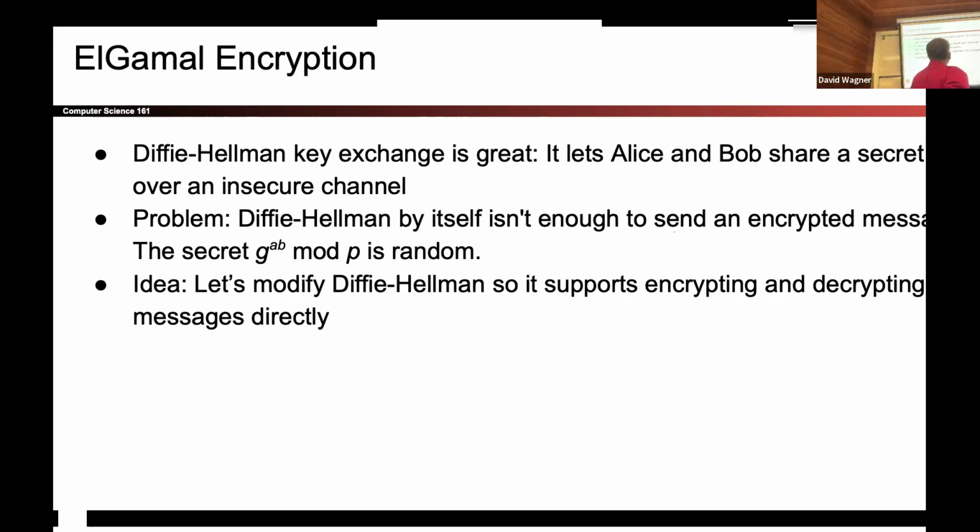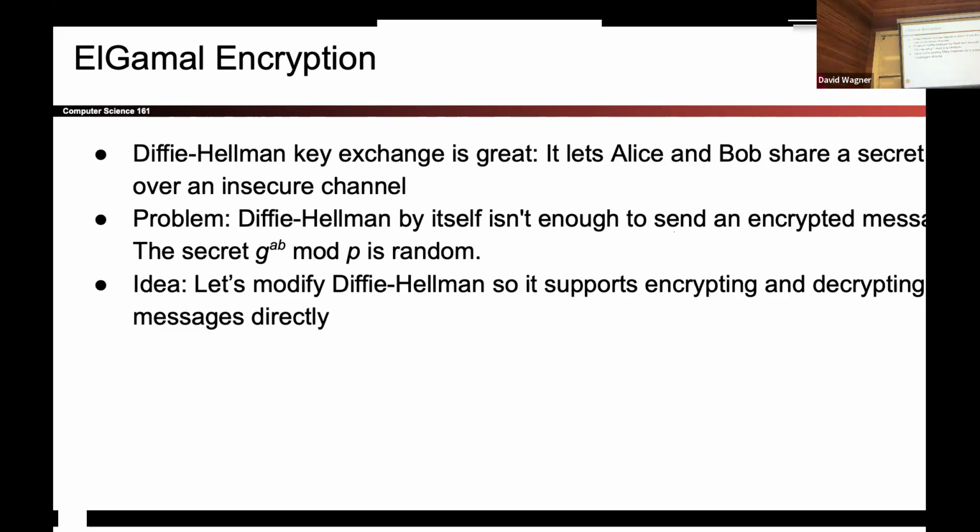Diffie-Hellman is great because it allows Alice and Bob to come up with a shared symmetric key, but it doesn't in and of itself provide a way to encrypt messages. So El-Gamal is going to extend Diffie-Hellman so that we can directly encrypt messages.